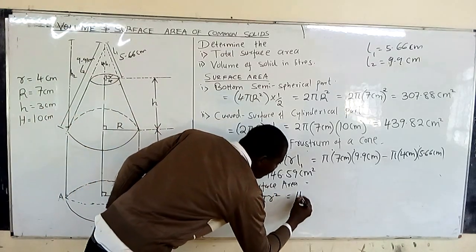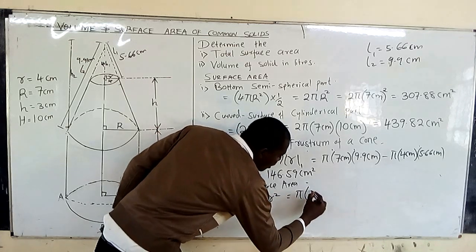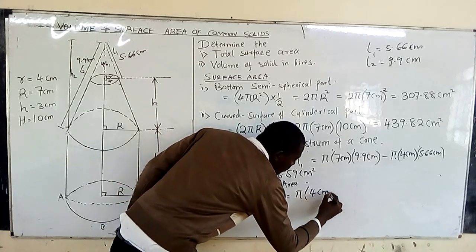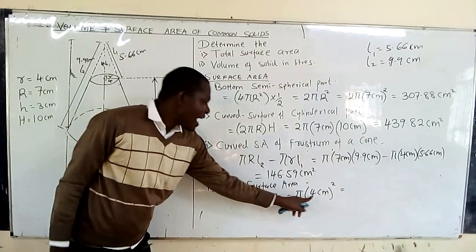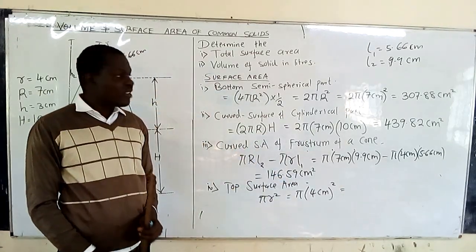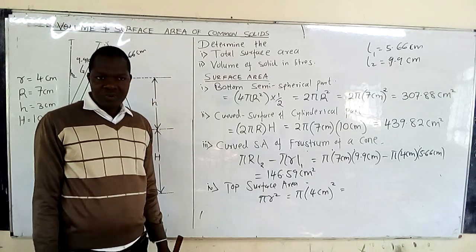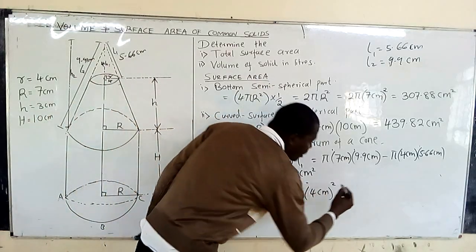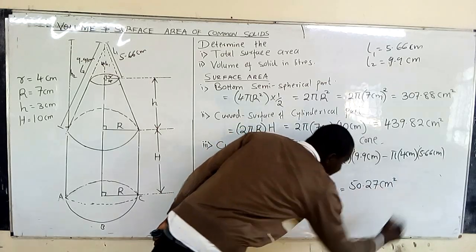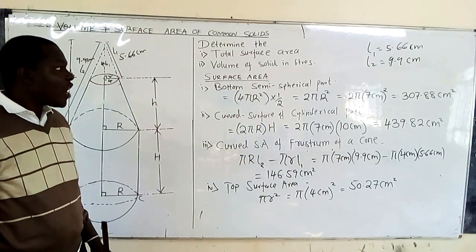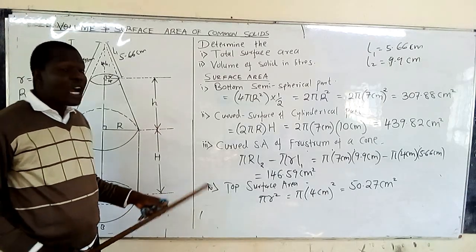That is pi, then small r you were told is 4 centimeters, isn't it? So pi r squared, what do you get with the surface area of the top? 50.27 centimeters squared. Now you see, you found the surface area of each and every part.